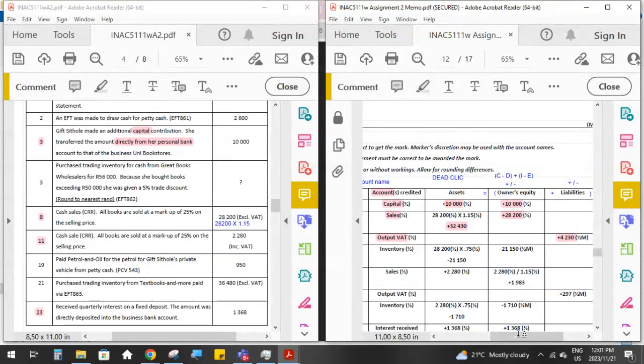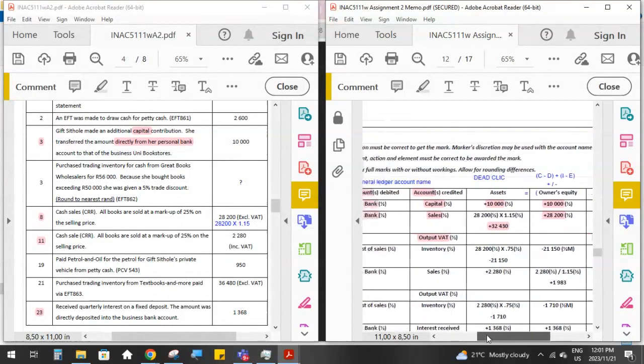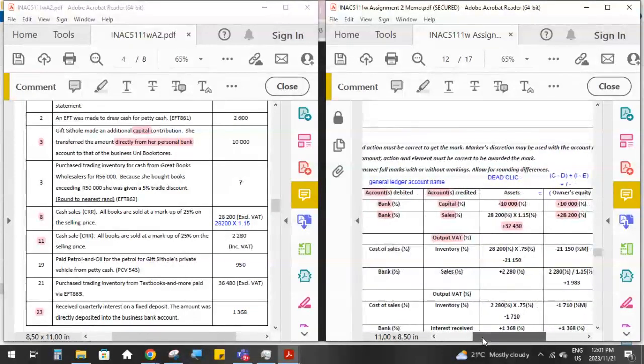So you've got to remember all your rules. You've got to remember your VAT rules. You've got to remember your accounting equation rules. You've got to remember your debit credit rules, which accounts increase on a debit side, which accounts increase on the credit side. And then what happens when we make a sale?